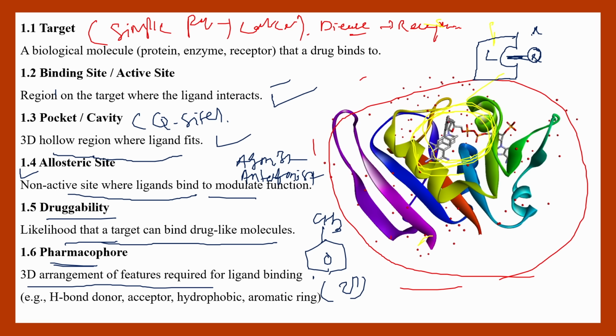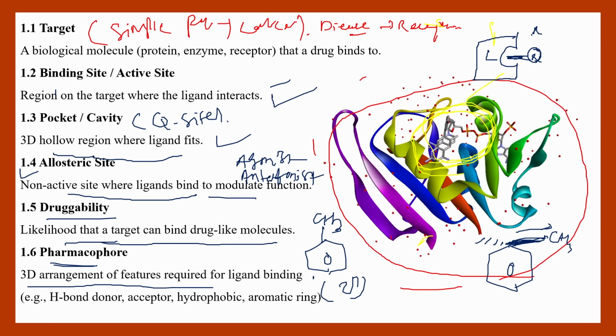If I show you in a 3D format, the benzene ring contains a bond like this, called the dash bond, which means it is present behind, not forward, and this is called a wedge. In a dash, it is present backward. So there is a 3D arrangement of this toluene.